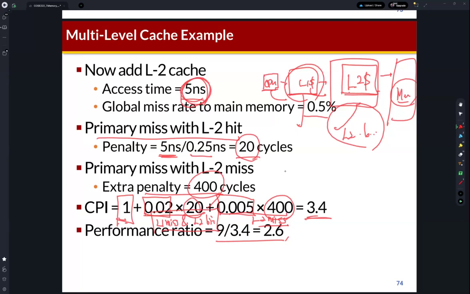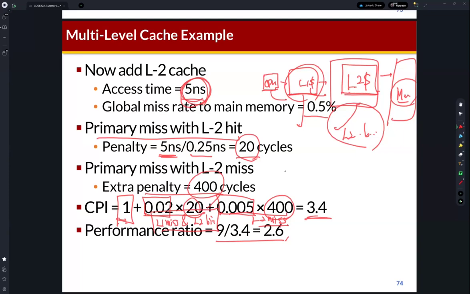So what is the benefit of L2? The L2 cache size is larger than the L1 cache size. What is the disadvantage? What is the overhead? The disadvantage of large caches is that the access latency is also increased, right?